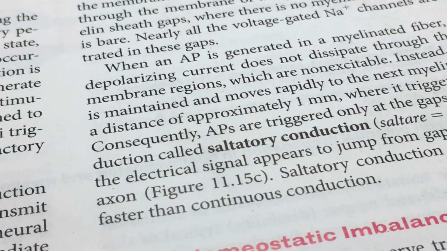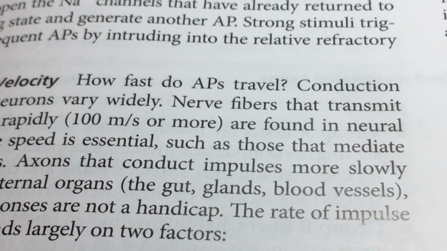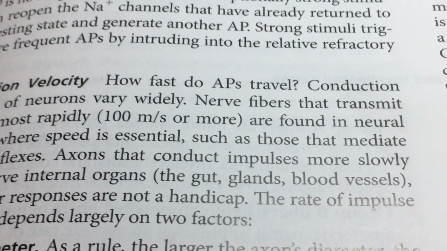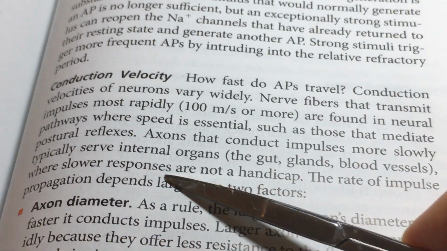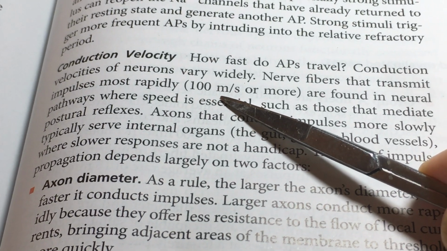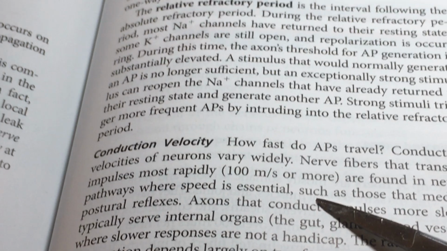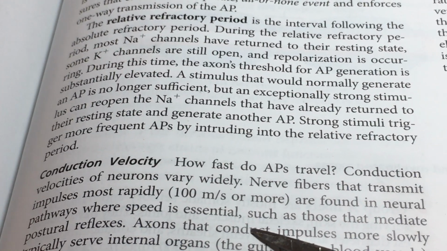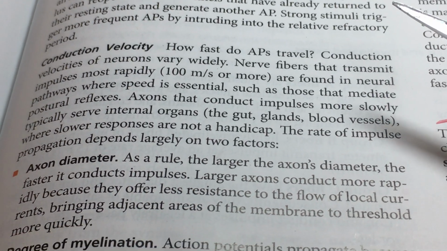Okay? And here they are discussing velocity, and I wanted you to understand that there is a difference in velocity, and some things that are moving most rapidly, they're moving at about 100 meters per second or even more. Okay, so this compares to about a meter per second in that which is going most slowly.